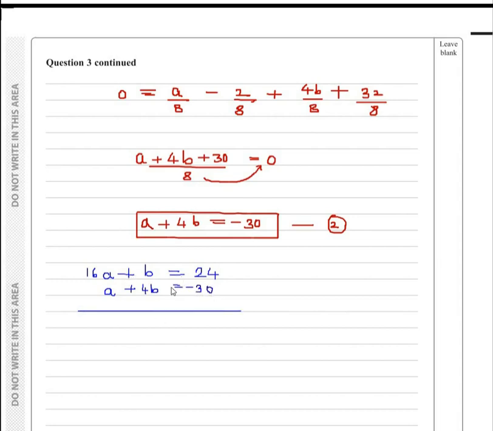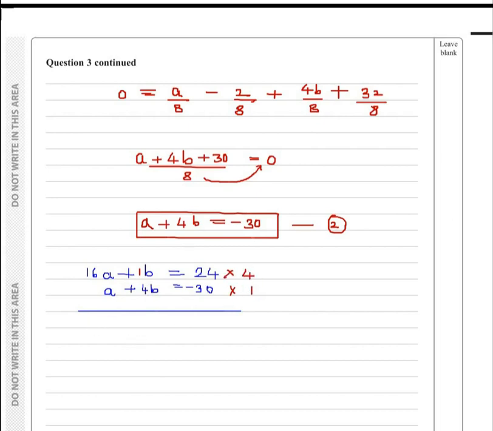I am going to use the elimination method here. In the elimination method, you just take the numbers. I'll be choosing b to eliminate first. Since here it is 1b, I will multiply the second equation with 1. And since here it is 4b, I'll multiply the first equation with 4.